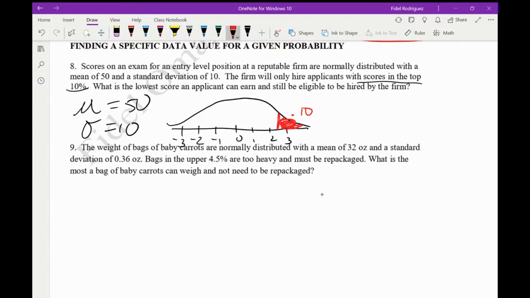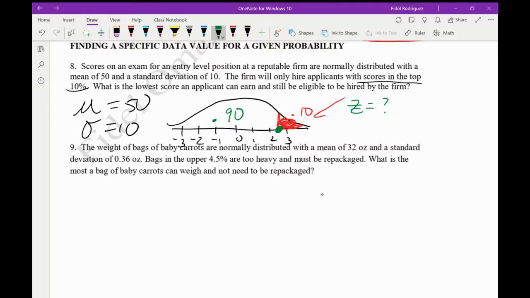So if this area in the red is 0.10, would you all agree with me that this area would be 0.90? Because the whole thing has to add up to 1. So if I know the part in the red is 0.10, then the other part has to be 0.90, because that adds up to 1. And then what I want to do is find what is that magic z value, right?